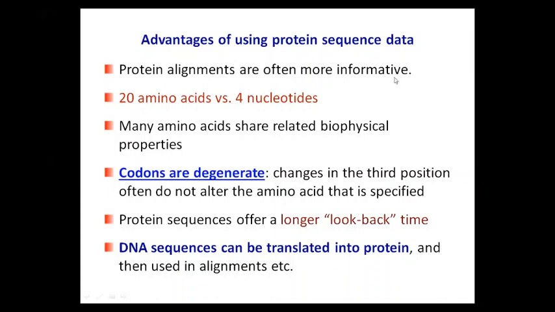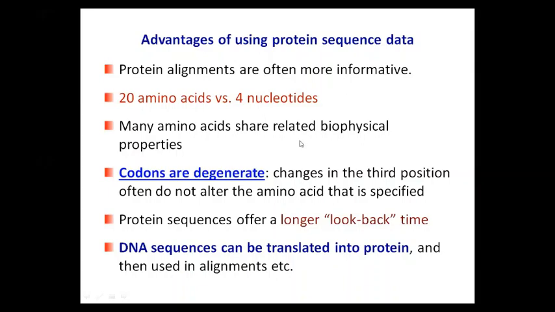Number one, the protein alignments are often more informative because we have 20 amino acid variants compared to 4 nucleotide variants, and therefore the variation or the diversity that can be expressed by 20 different variants of amino acids is more clearly visible than that of the nucleotide variation.